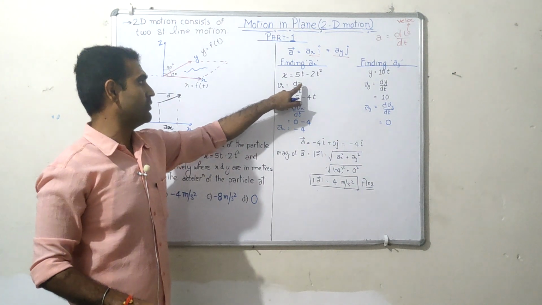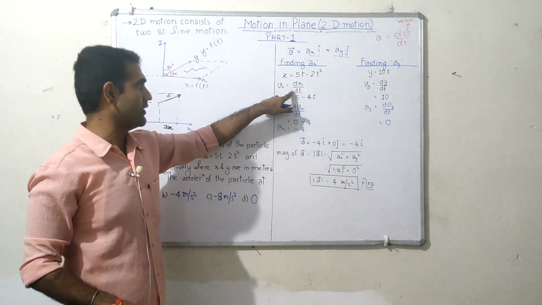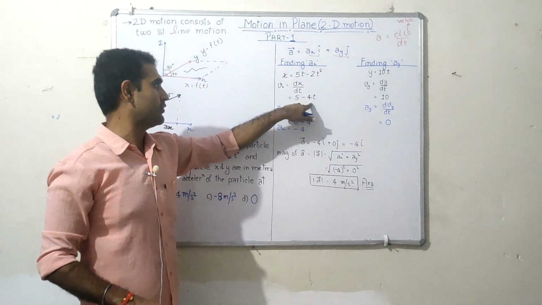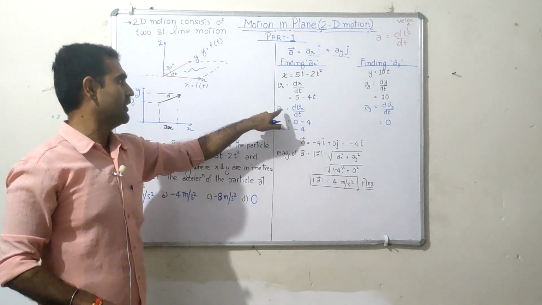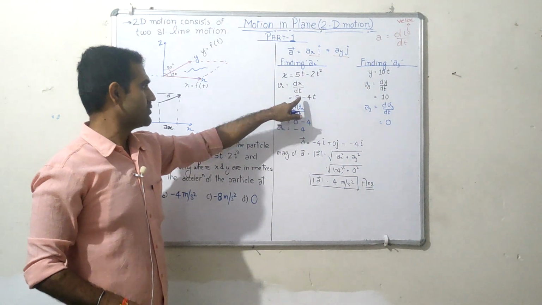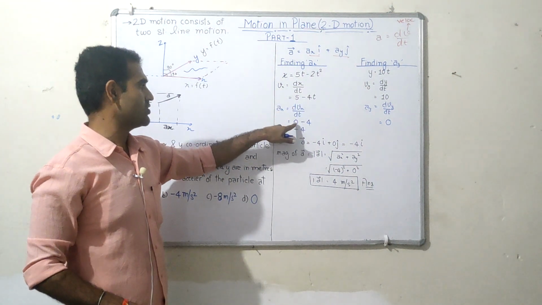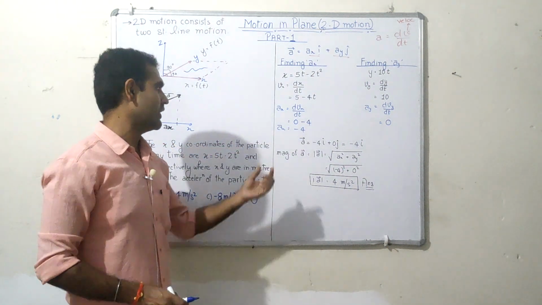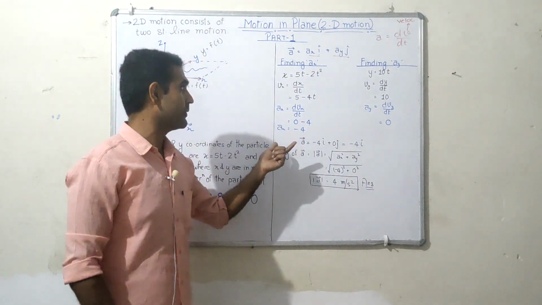So vx is equal to dx by dt. This is the velocity formula. Differentiating will give 5 minus 4t. This is the velocity. When it comes to acceleration, we differentiate this equation, so 5 differentiation will give 0 and minus 4t differentiation will give minus 4. So ax is equal to minus 4.